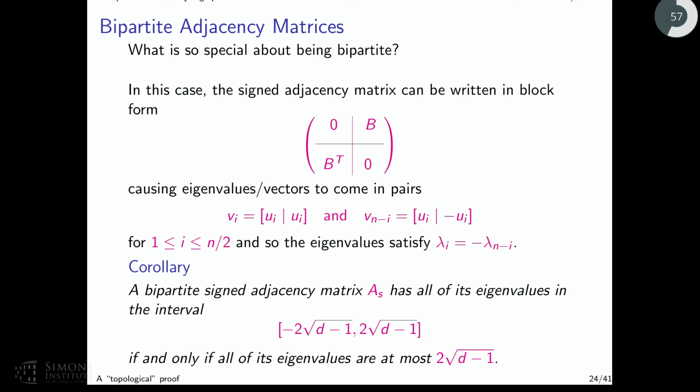So the corollary is that a bipartite signed adjacency matrix has all of its eigenvalues in this interval if and only if its eigenvalues are at most 2√(D-1). This gets back to what you were asking about the quantifier. We can only say something about one root at a time, so in order to bound something in this interval, we have to cheat in a way that allows us to reduce it to saying something about one eigenvalue.